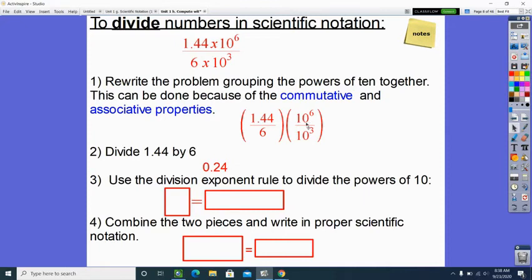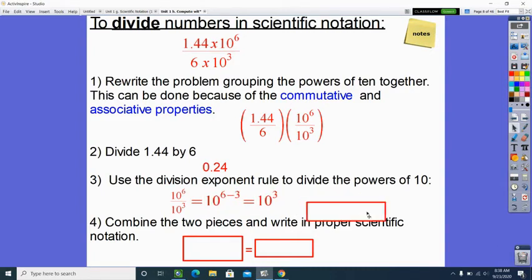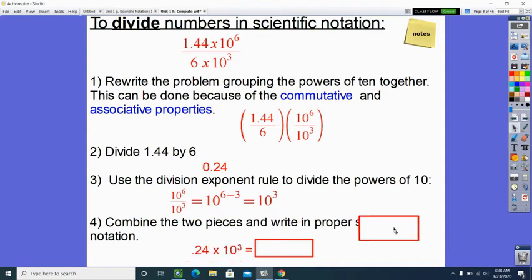Now, when I have a common base and I'm dividing, I take the top exponent minus the bottom. So remember when we did this, you write the common base and you take the top exponent minus the bottom. So basically, I'm going to have 0.24 times 10 to the third. Careful, careful, careful. Look.